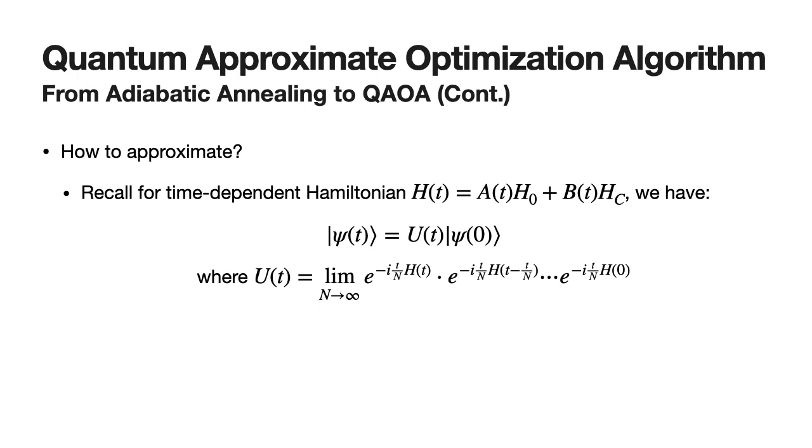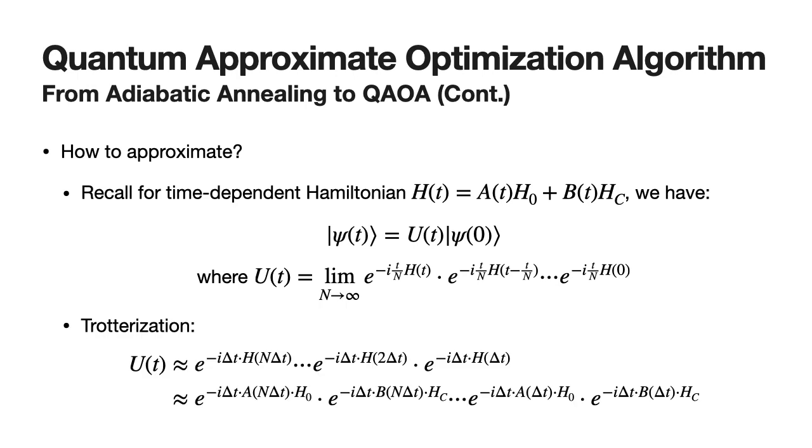Now, using a technique called discretization, we can approximate this infinite product form as the following, where we have divided the total time t into n small time steps of size delta t and approximated each short evolution by separating out the A and B coefficient terms for H0 and HC respectively.